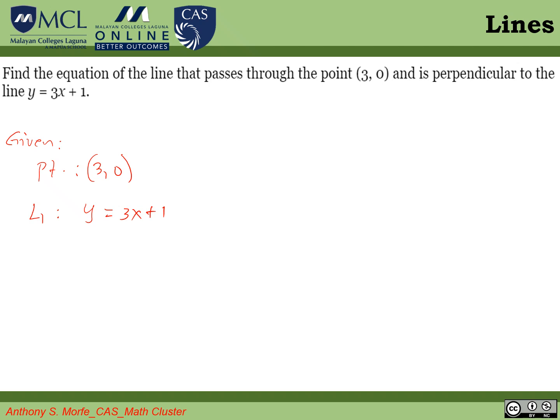Okay, so line 1 has a slope m1. What is the slope m1? Slope m1 is just the coefficient of x. So m1 is equal to 3. How about line 2? Okay, these are the given.